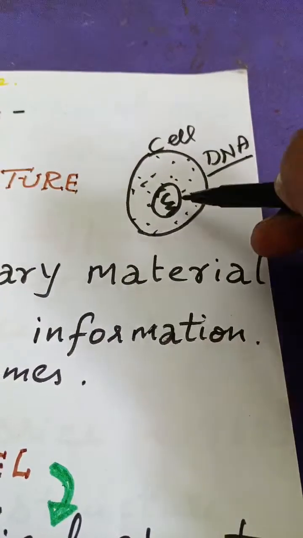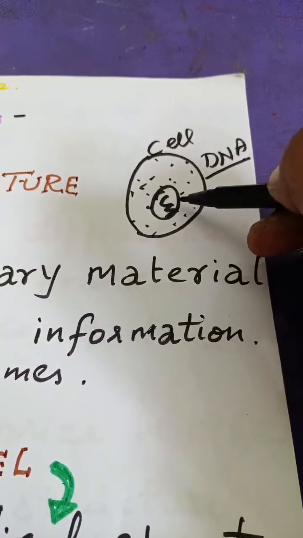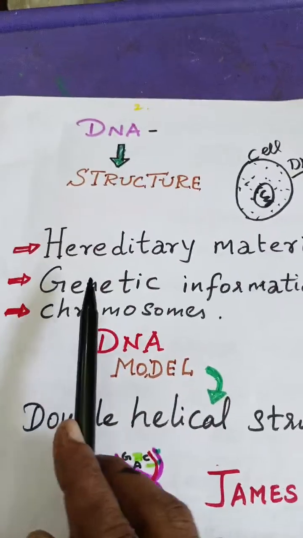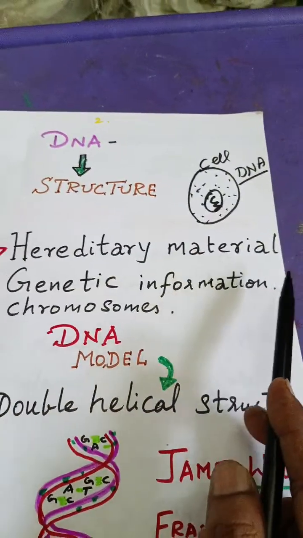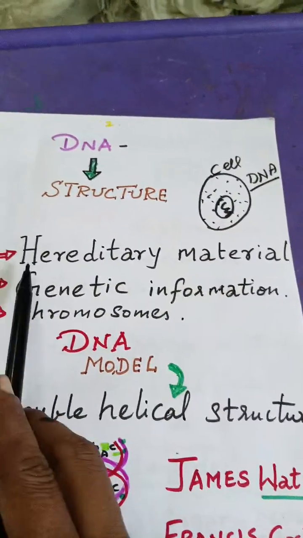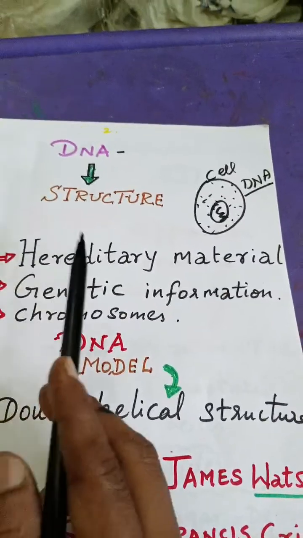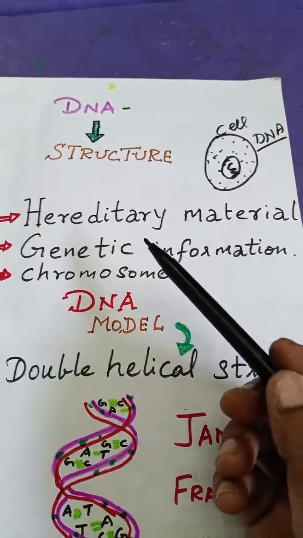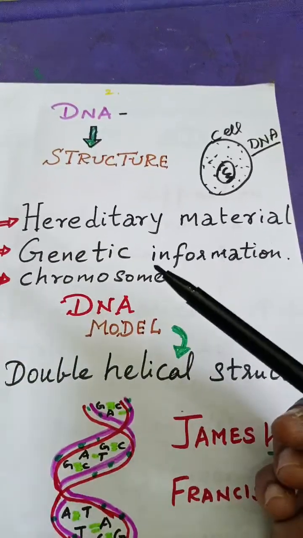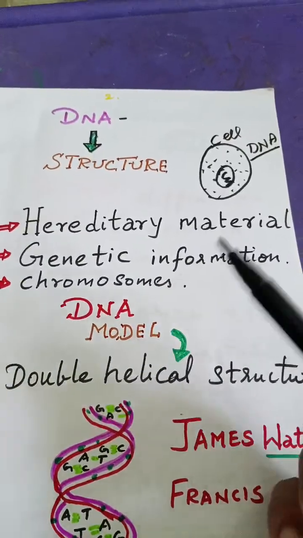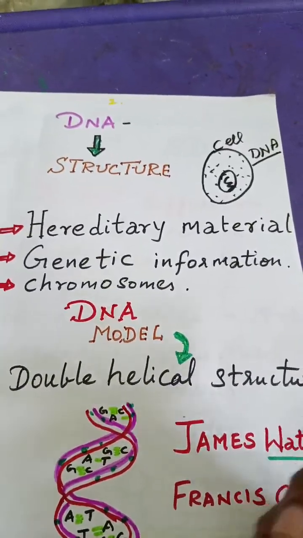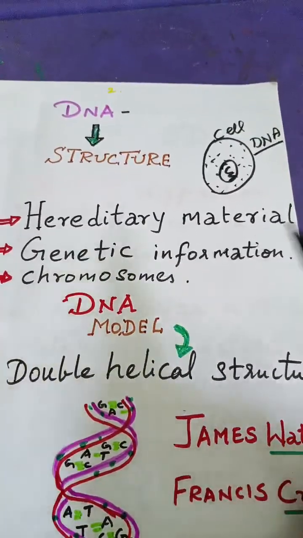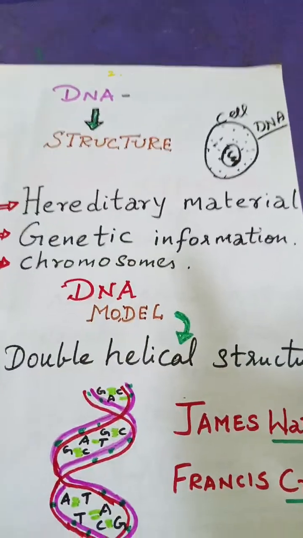So deoxyribonucleic acid is present in the nucleus. This is the genetic material. Why is it called a genetic material? Because it transmits the hereditary information, the traits, the physical and other genotypic characteristics, from our parents, from our ancestors, to the new generation.